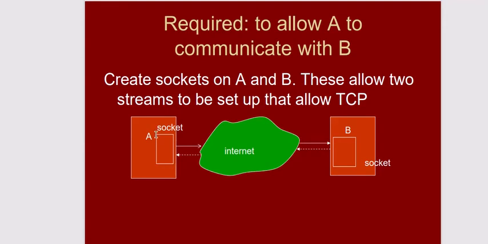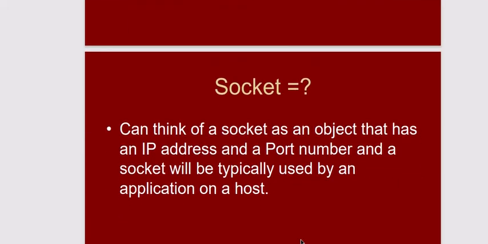So if we learn a bit of Java, then we can actually create a socket that can connect with its counterpart on remote machine B. And I hope you're impressed with the simplicity and the ease with which that's done.